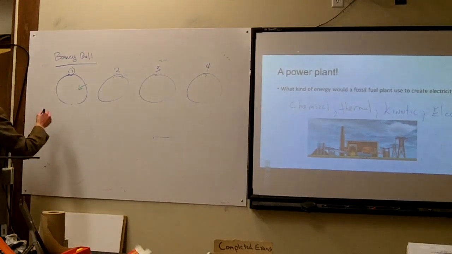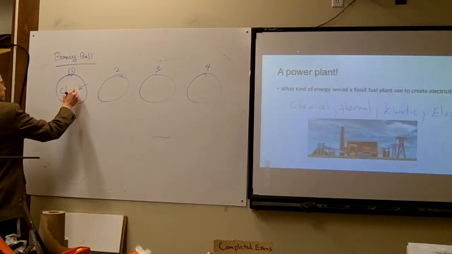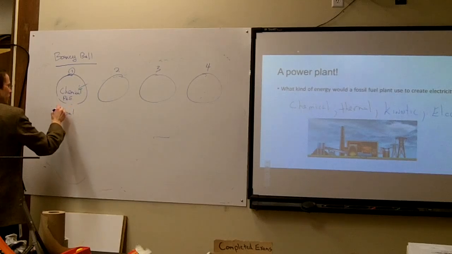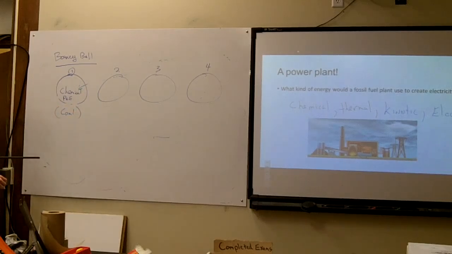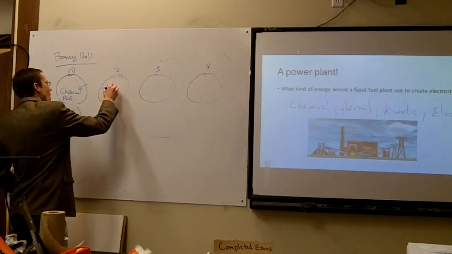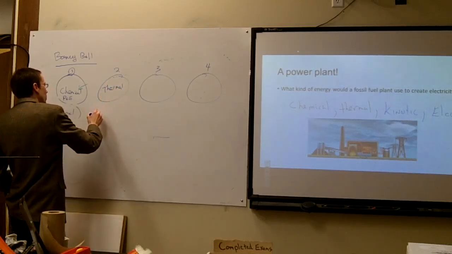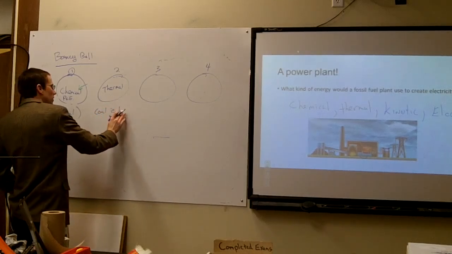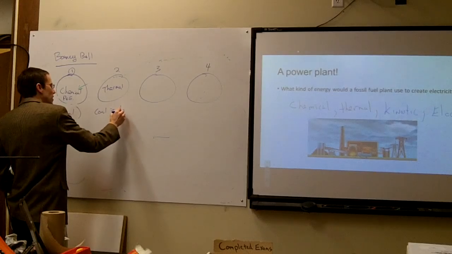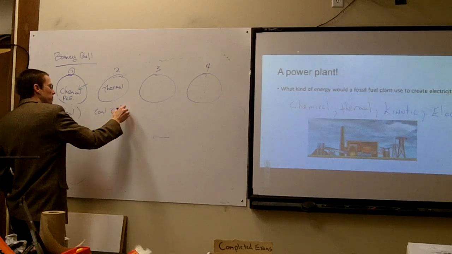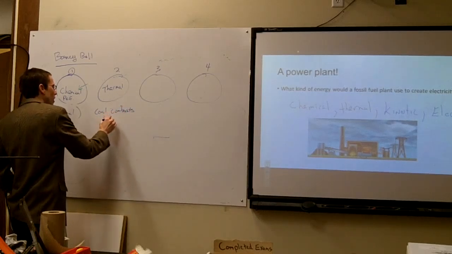All right, so we start off at chemical potential energy. That's the coal. I'll put down here, in parentheses, the coal. Thermal. Coal is heated. Coal combusts and heats water.